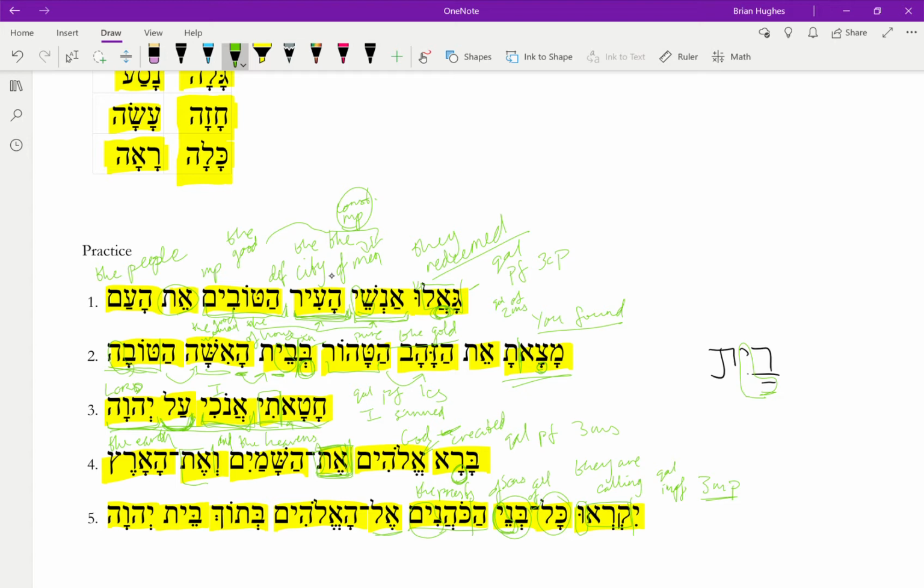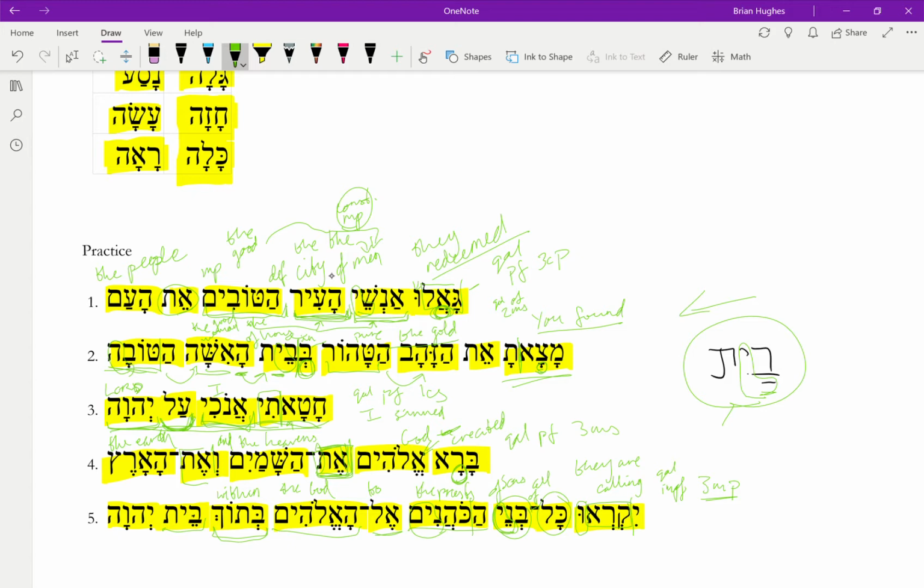El is our independent preposition meaning to or toward, to ha-Elohim, to the God, or perhaps God. Betoch is another independent preposition which means within. Beit, again, same thing, it's bayit in a construct form. You get the diphthong because it's not accented, the accent shifts away.